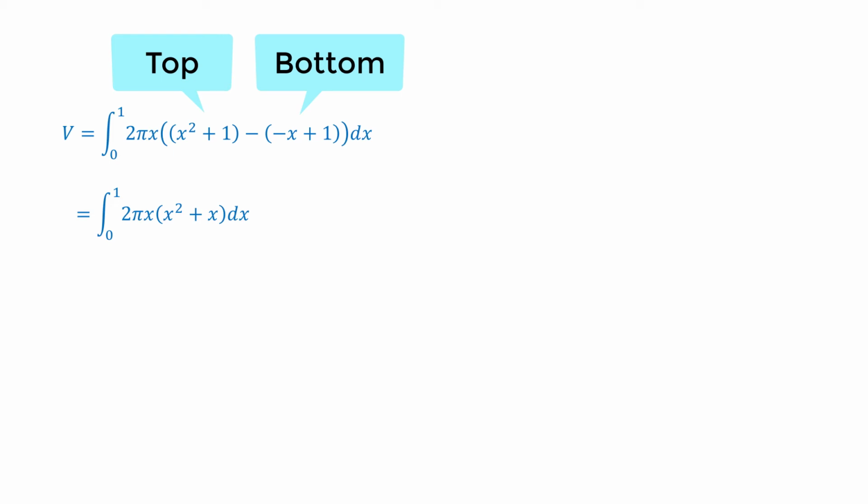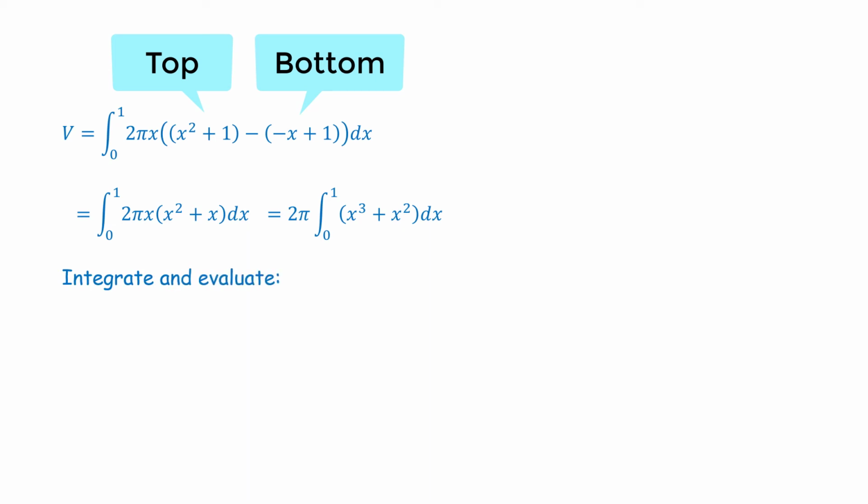Let's multiply through the x and factor the 2 pi to the left of the integral symbol. That would be 2 pi times the integral, evaluated from 0 to 1, of the quantity x cubed plus x squared dx. Now we can integrate and evaluate.